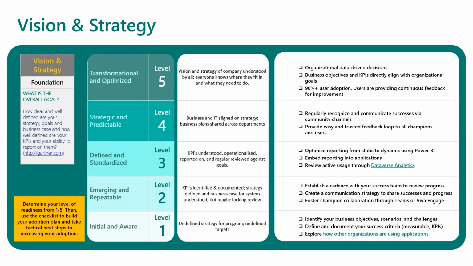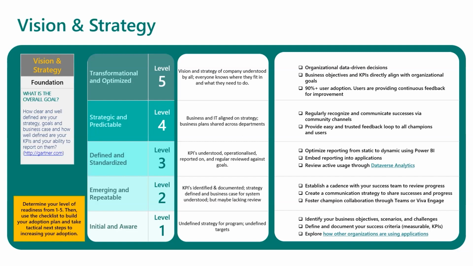So let's find your level. Starting at level 1, is your strategy undefined? And are your success metrics undefined? If you're not sure, take a look at the 3 bullets to the right. Have you completed all 3? If yes, then move on to level 2. If not, your current level of readiness in the category of vision and strategy is a 1.